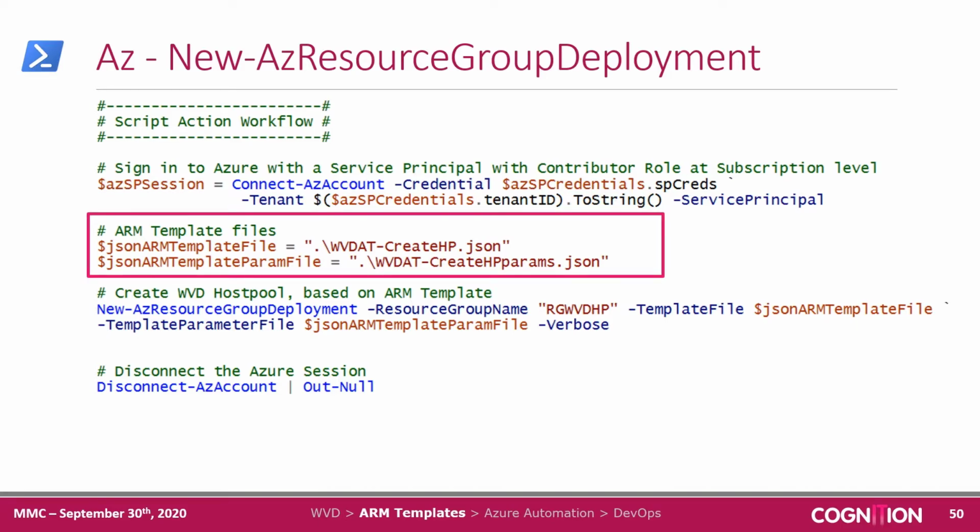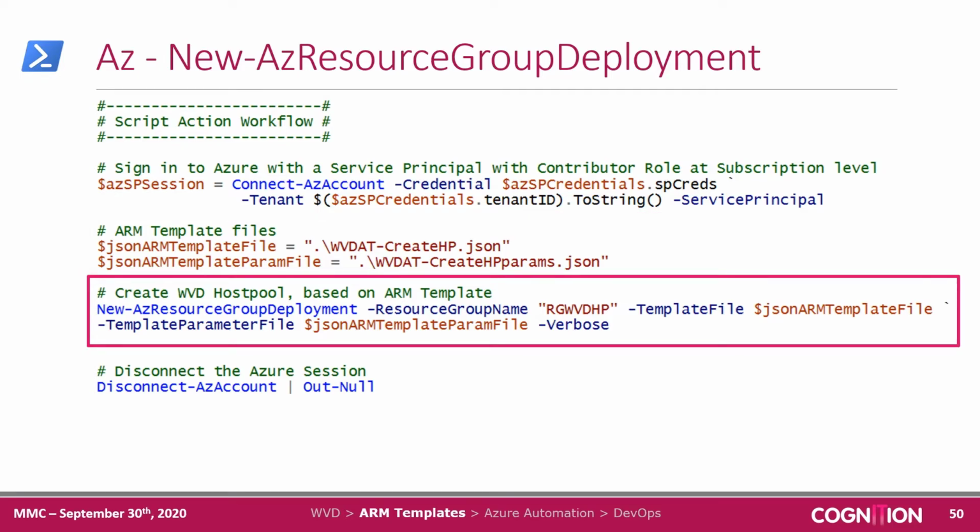So with an ARM template and an ARM template parameters file, I can now use that New-AzResourceGroupDeployment, specifying the resource group that I want my deployment to be started in, to automate a deployment within Azure.